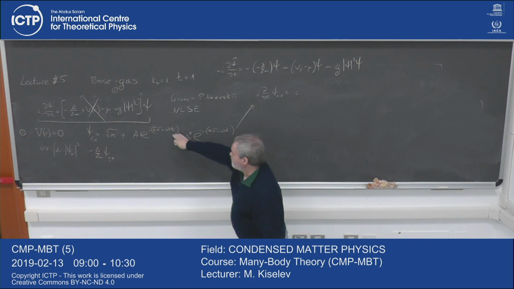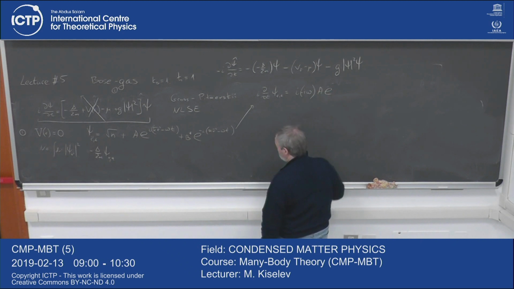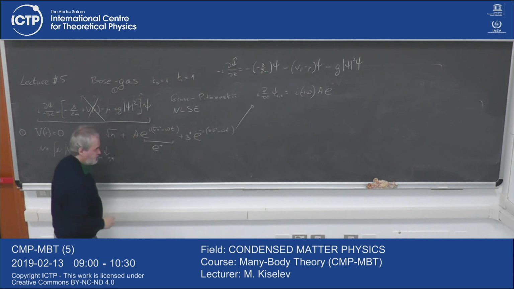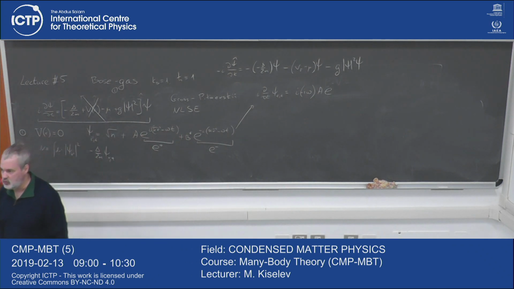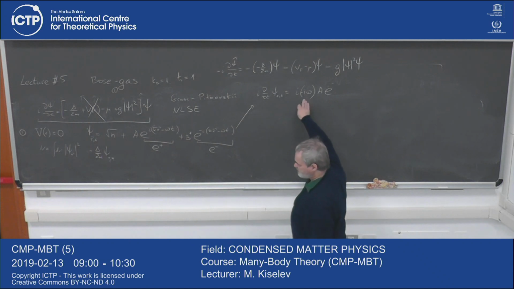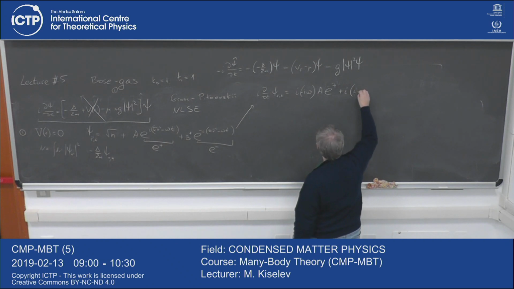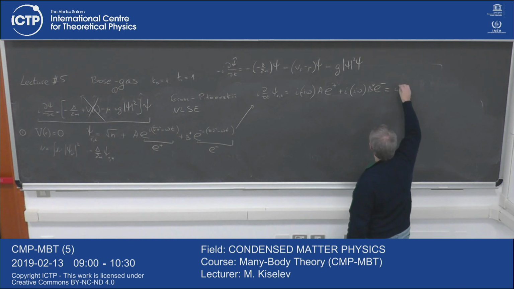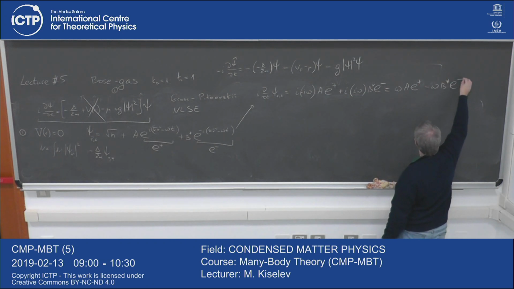So this is i times minus i omega a e^+, and with your permission, in order to use a shorthand notation, I will denote this exponent as e plus, and the other exponent as e minus, because I don't want to write all arguments every time. So i times minus i omega a e plus, plus i times i omega b star e minus, which is omega a e plus minus omega b star e minus.